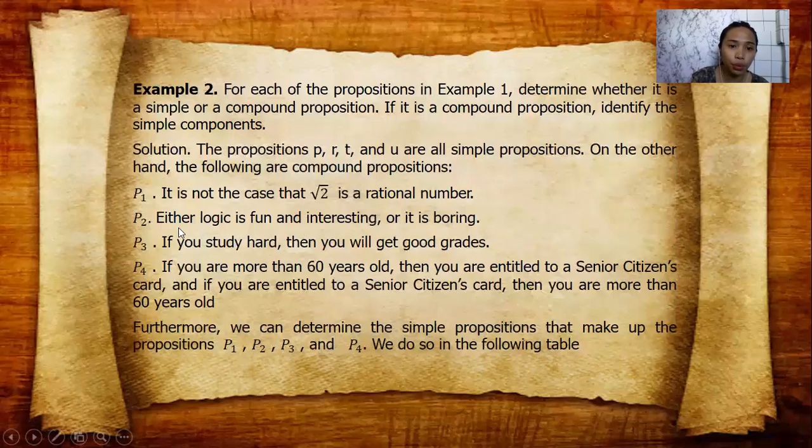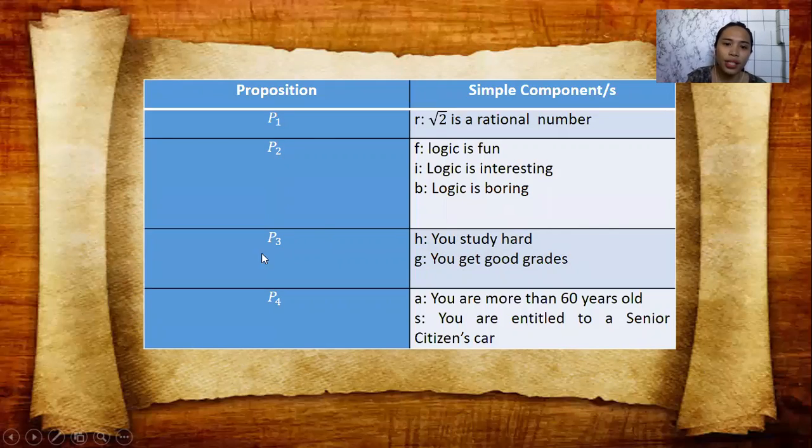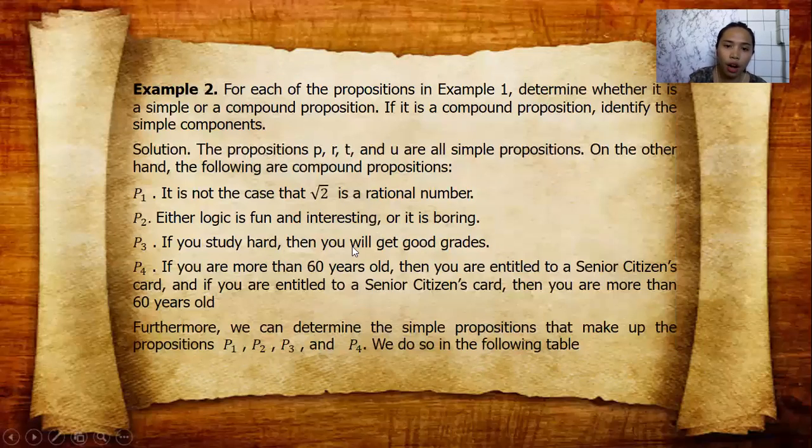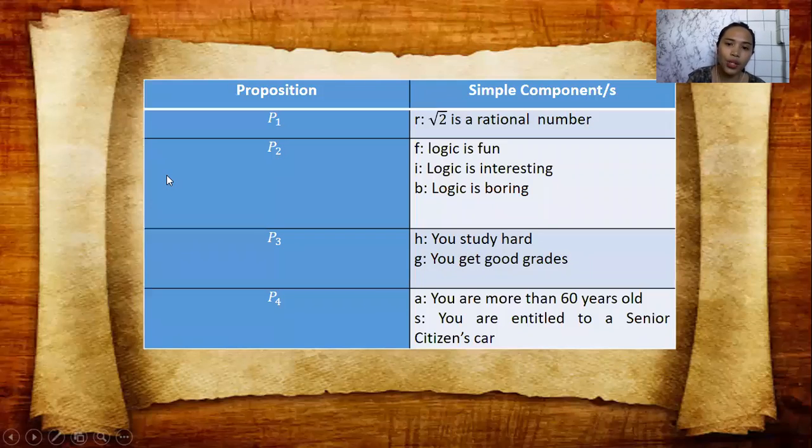That comes from P sub 2, which uses three adjectives, so we can break it into three. For P sub 3, there are two simple components. Here: if you study hard, then you will get good grades. You can get the statement that follows if and the statement that follows then.